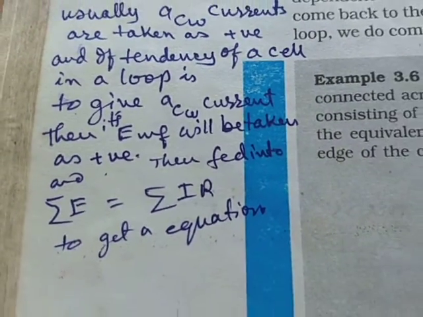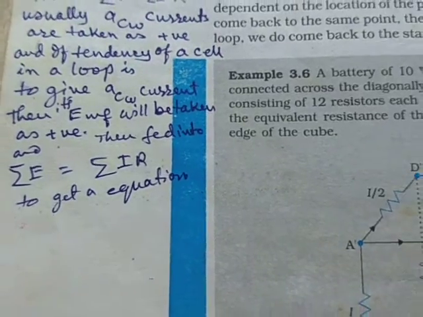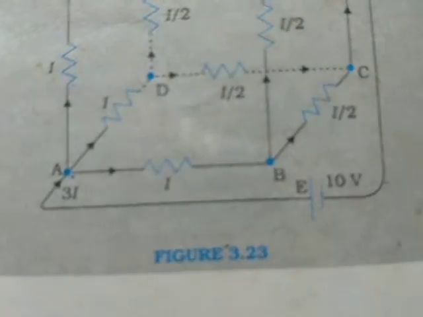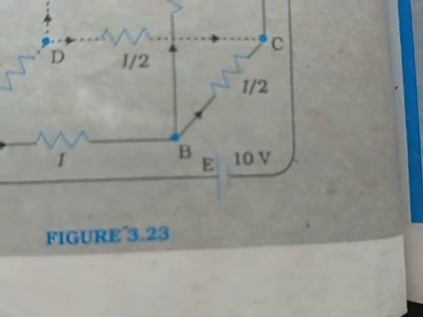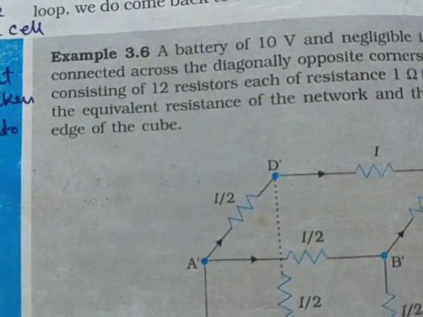Now, when do we take the EMF as positive? If the EMF of a cell is tending to produce anti-clockwise current, as in this case, then it is taken as positive.